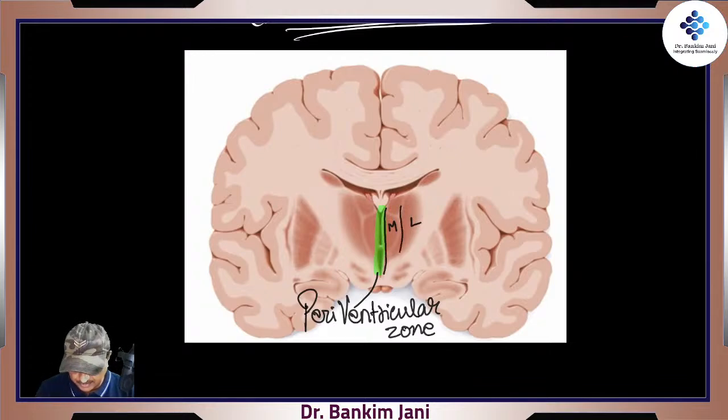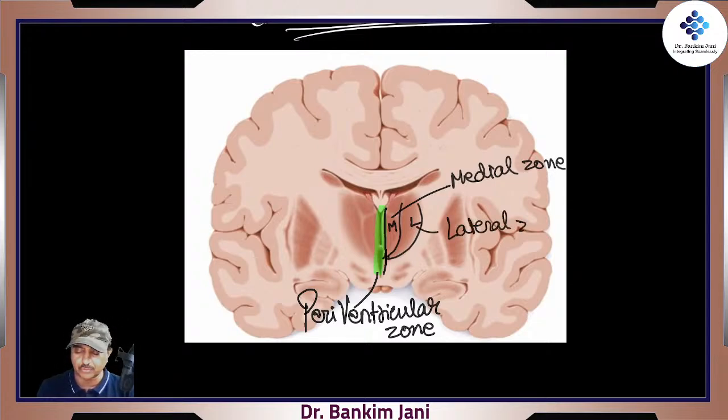Then there is another one, and then a third one. Very simple. This one will be called the medial zone, and very rightly this one would be called the lateral zone. So from the perspective of coronal section, it is periventricular, medial, lateral.